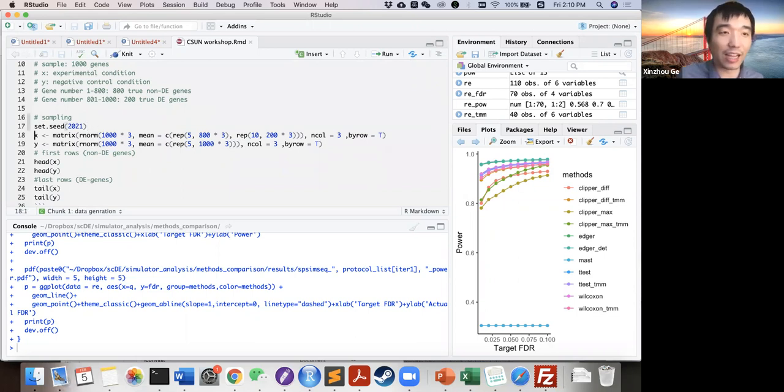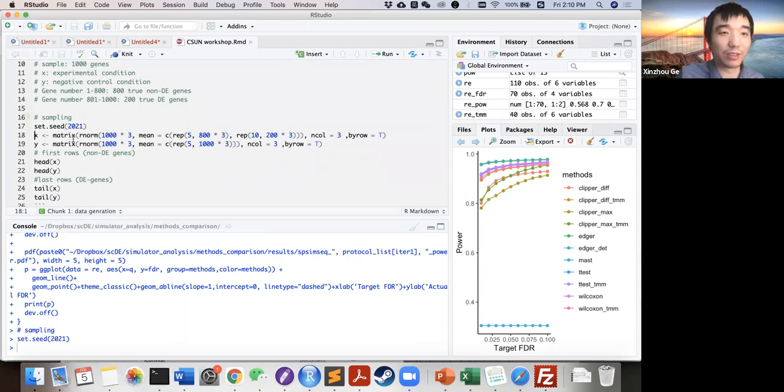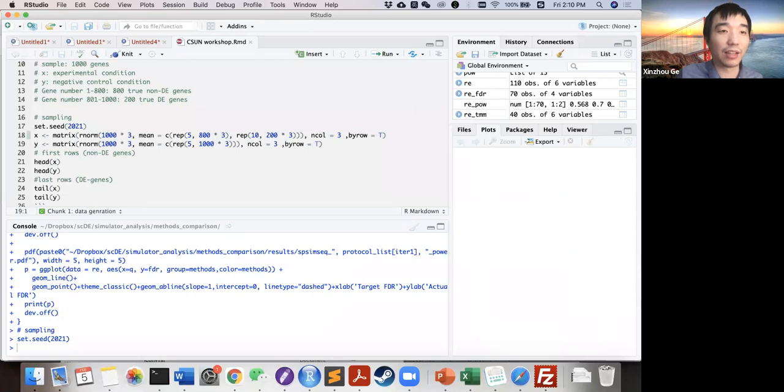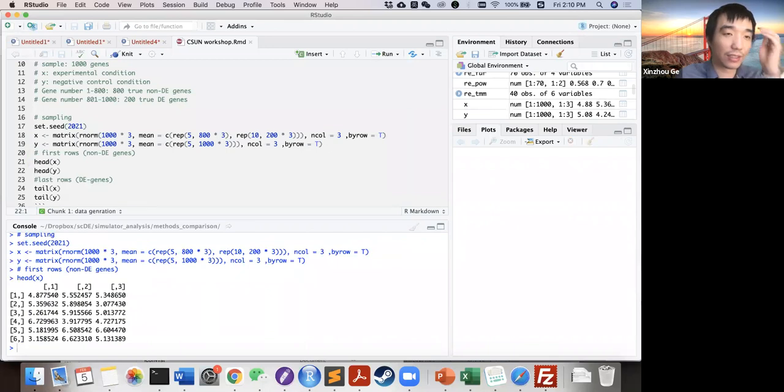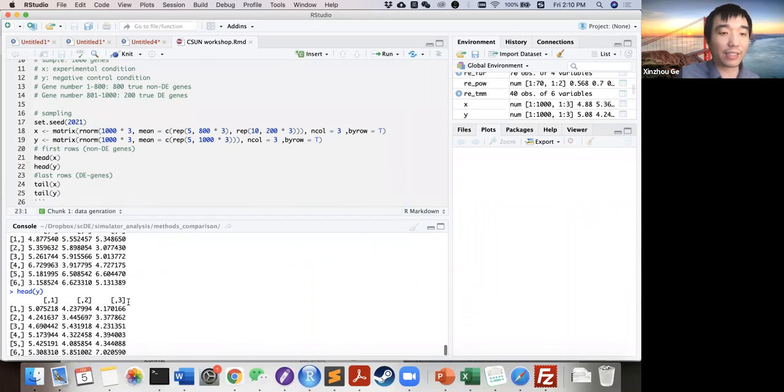So for example, I use this to simulate X, which is the experimental condition, and simulate Y from the background condition. If we look at the first several rows of X and the first several rows of Y, we will see that they are very similar.